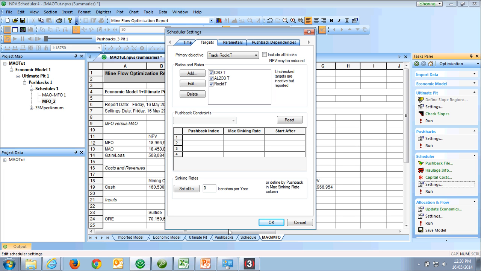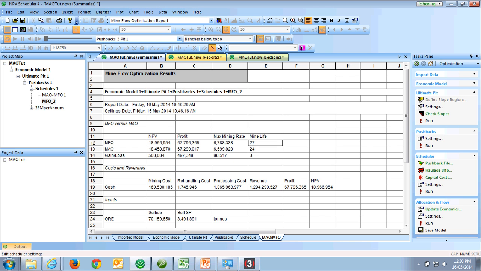So I'm able to control the rock tons per year and get a schedule that is achievable. It doesn't require you to bring in extra equipment for 1 year, then send it back and bring it again 3 years later. But yes, we can apply the capital costs either by pushback or by year.